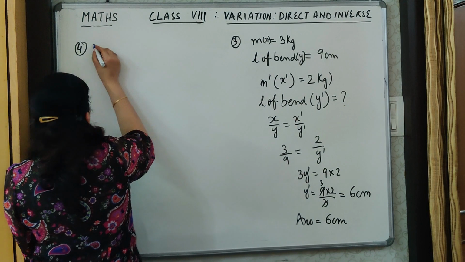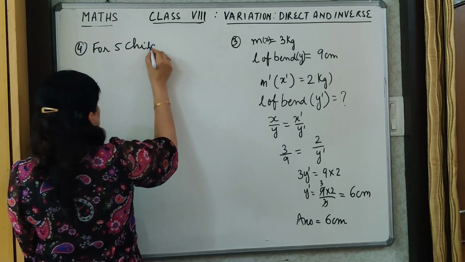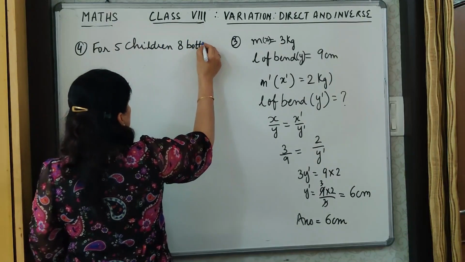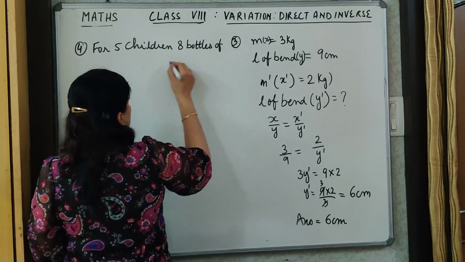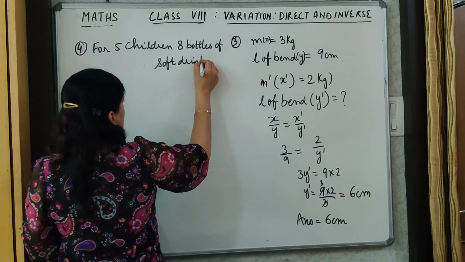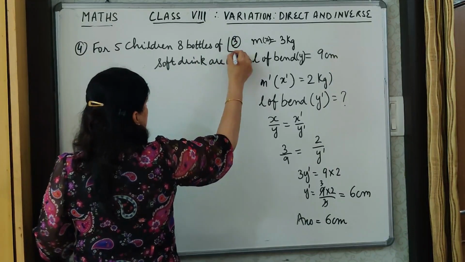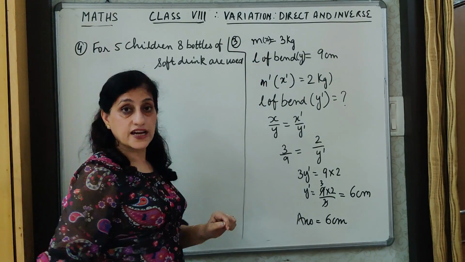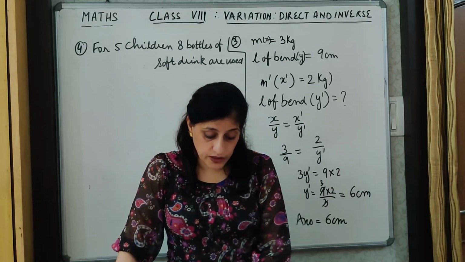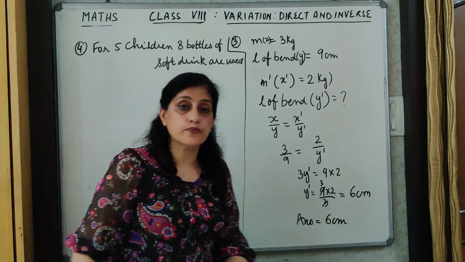We write here, for 5 children 8 bottles of soft drink are used. You can write like this in the form of statements as well. Alright, I try to give you every possible method so that whichever you find convenient you can use. How many bottles would be served if 40 children were present in the party?